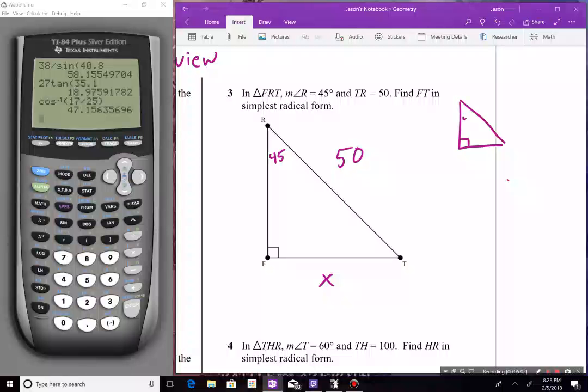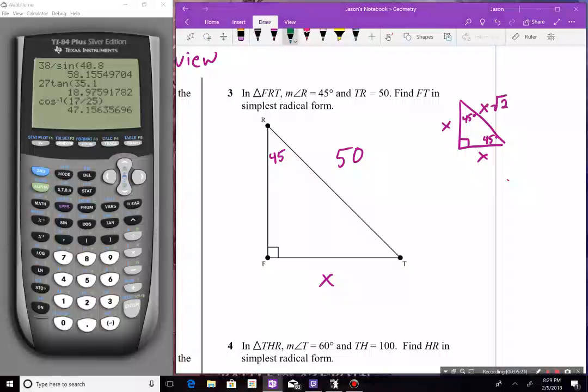On a 45, 45, 90, since the 45 angles are the same, the legs have to be the same. To get the hypotenuse, that is whatever the leg is times the square root of 2. In this situation, I'm given the hypotenuse and I need to find the leg.